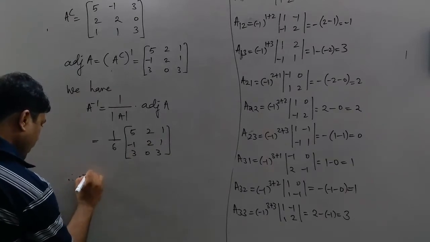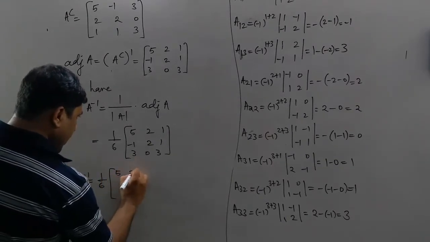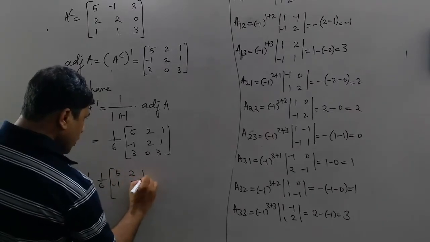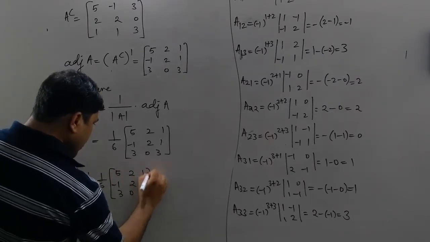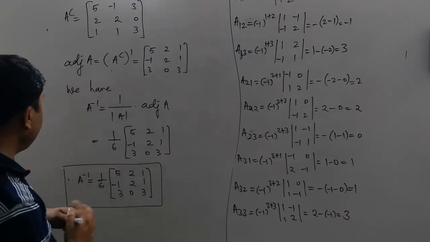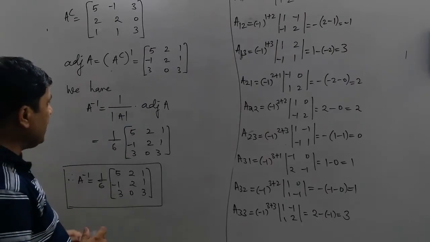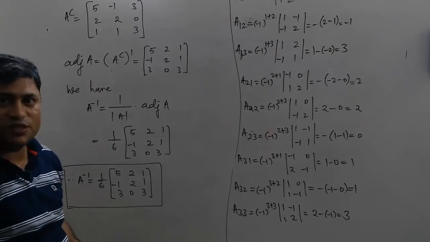So A inverse is equal to 1 by 6 times the matrix 5, 2, 1, -1, 2, 1 and 3, 0, 3. So this way, by using the formula A inverse is equal to 1 upon determinant of A into adjoint of A, we are able to calculate the inverse of this matrix.